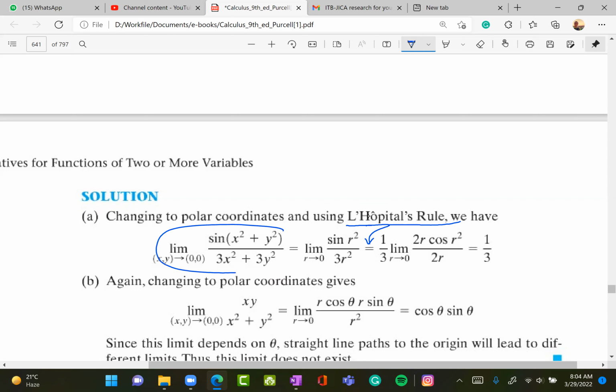L'Hopital's rule is used for one variable, when we reduce the variables to one. I'll explain this strange substitution later. This is polar coordinates, something that we skip.